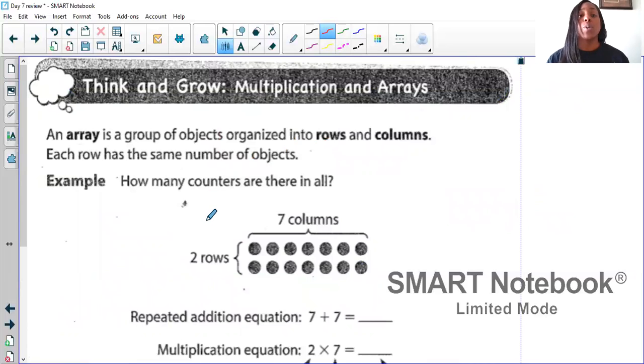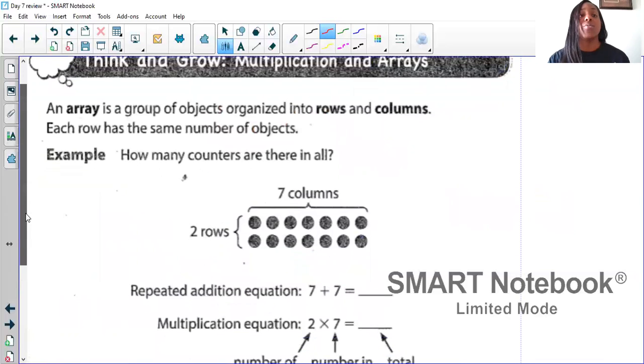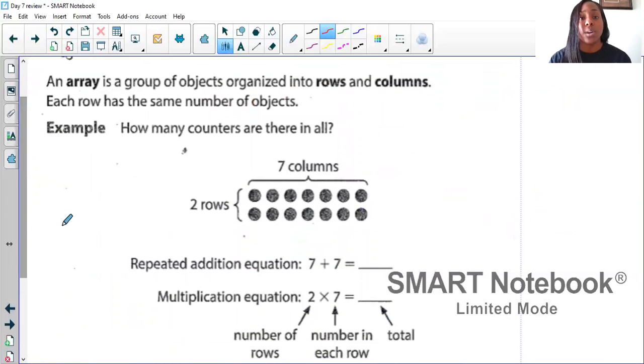So now we're moving on to our think and grow with multiplication and arrays. So an array, let's remember what an array is. An array is a group of objects organized into rows and columns. Each row has the same number of objects. For example, how many counters are there in all? If we take a look right here in the example that's provided to us, I see 2 rows and 7 columns.